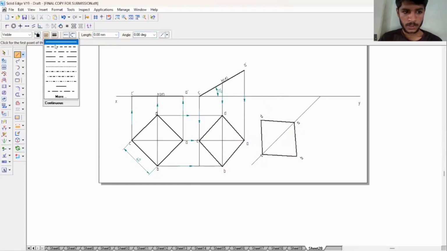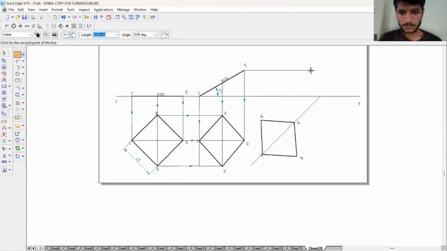Now let's draw the lines through the endpoints to the XY line. Okay, now let's show the directions.